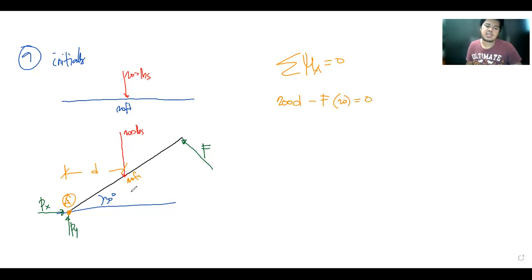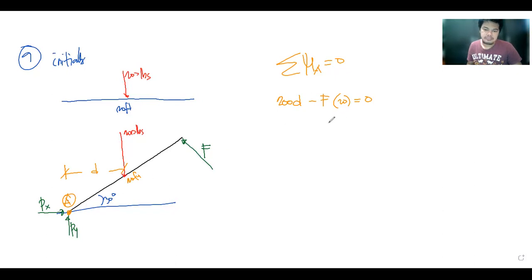Since we took the moment at point A, the moment produced by Px and Py at point A is 0.